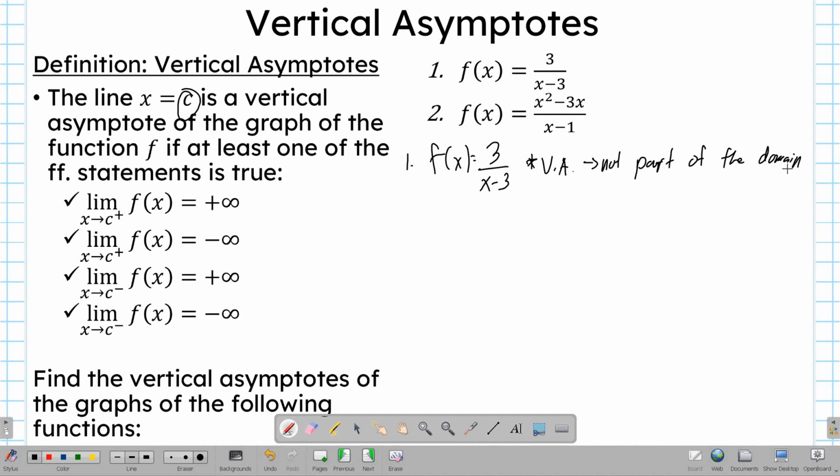So that would mean that if a certain x value is not part of the domain of the function, it might be that in that part of the graph there is a vertical asymptote.